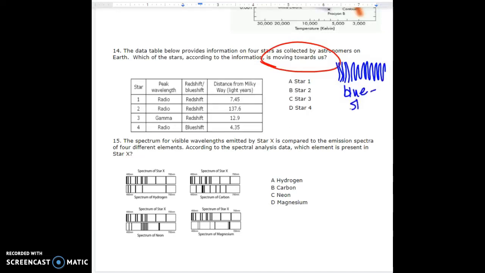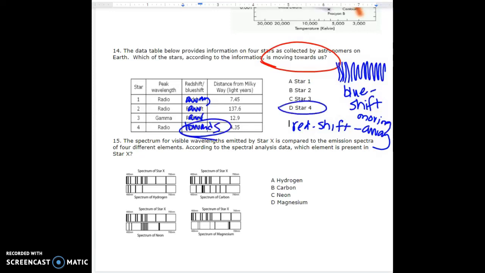So we call that blue shifting. Red shifting means that it's moving away. Okay. So we're looking for blue shift. So we come through here, this is red shift, that's away, away, away, and towards. So this one is the only one that is moving towards us because it is blue shifting.